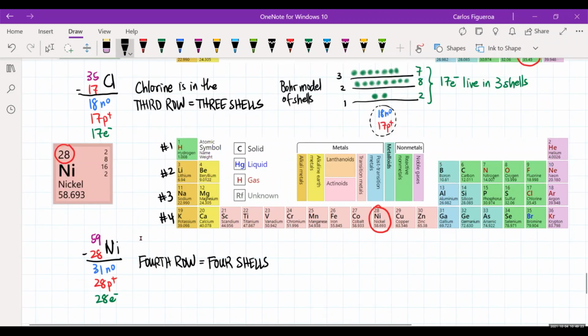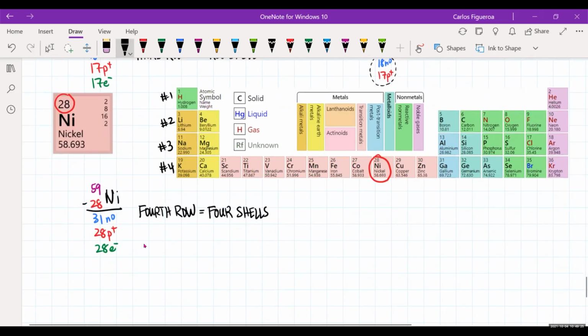So here we go. How would I draw my atom in this class? I'd go, I got 1, 2, 3, 4. I go 1, 2, 3, 4.